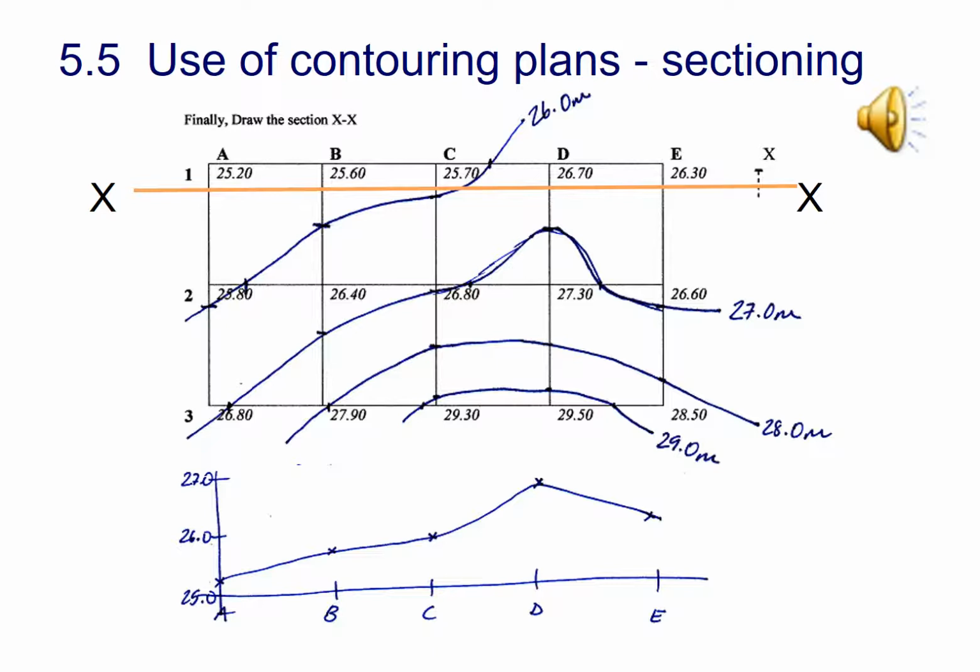So here you can see the range of levels we have range from 25.2 at A1 up to 26.7 at D1. And all you do is you draw a vertical scale, in this instance from 25 to 27, and you plot at each point what the elevation of the ground is. And that's how you draw section XX on this contour plan.